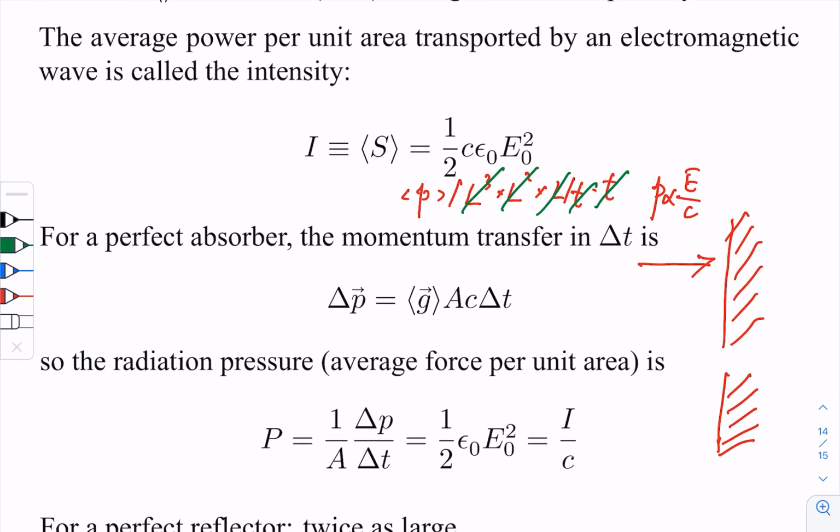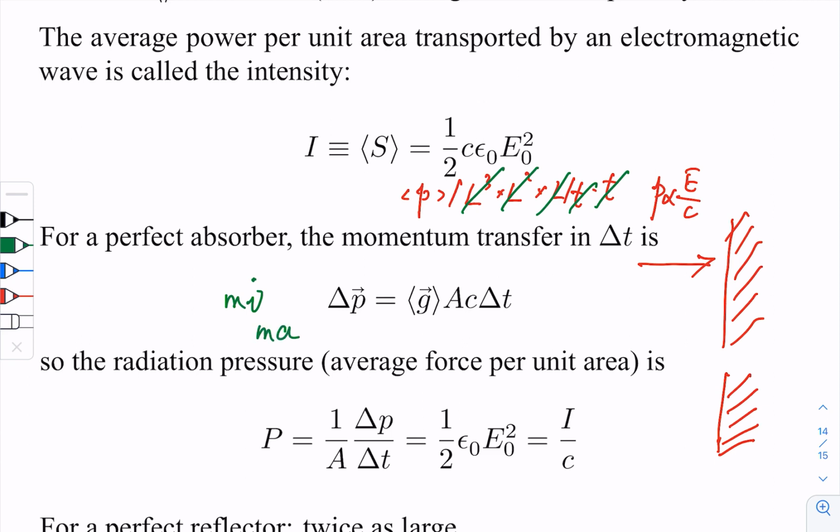Now because delta p has a unit of momentum, if you take the derivative of momentum with respect to time, that gives you, well, momentum is m times v, and if you do an extra derivative with time, then that's m v dot, which is ma.